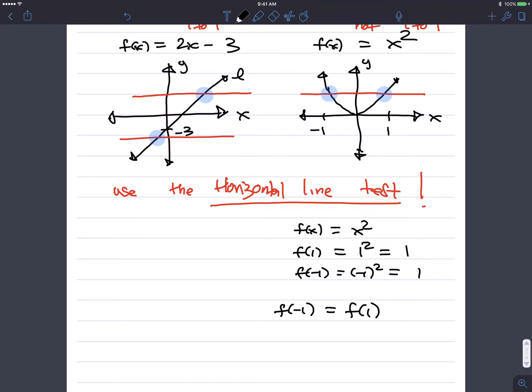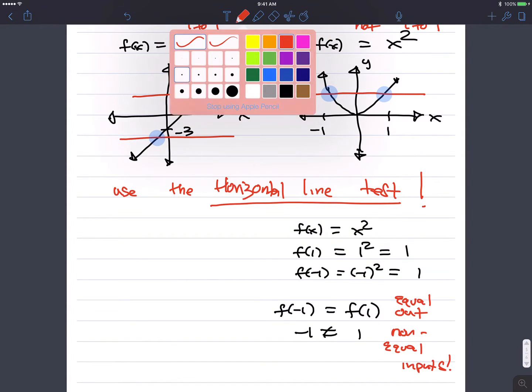What do you guys know about the inputs? -1 is not the same as +1. So equal outputs, non-equal what? Inputs. This is why this is called a counterexample. This is why this function of x squared is really not 1-to-1.